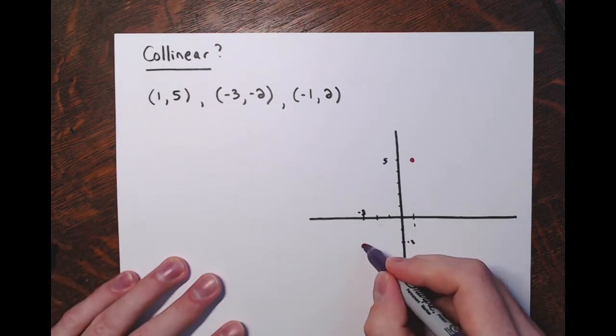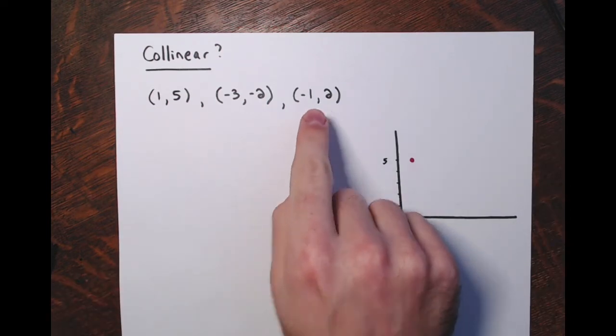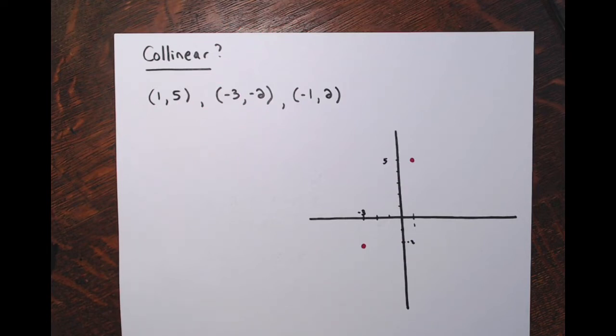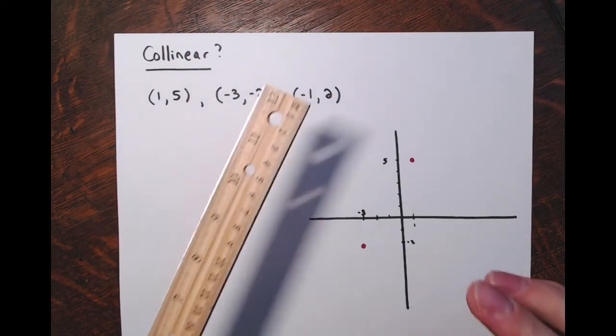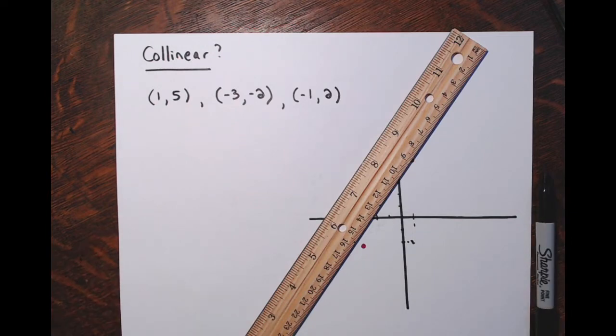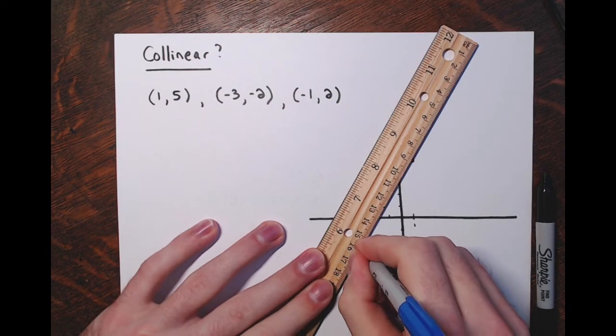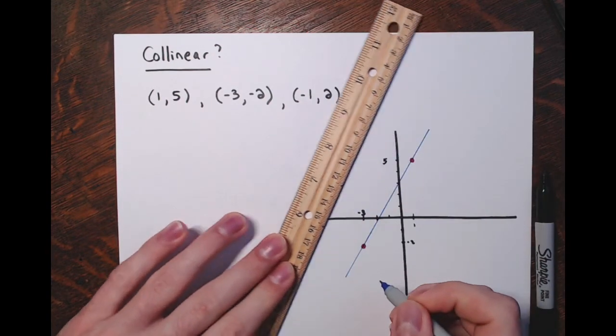Now, any 2 points will always be on a line, right? You can always draw a line through any 2 points. But then is this third point also on this line? So I'm going to draw this line here. Let's draw this line through the first 2 points. All right, there's a line.